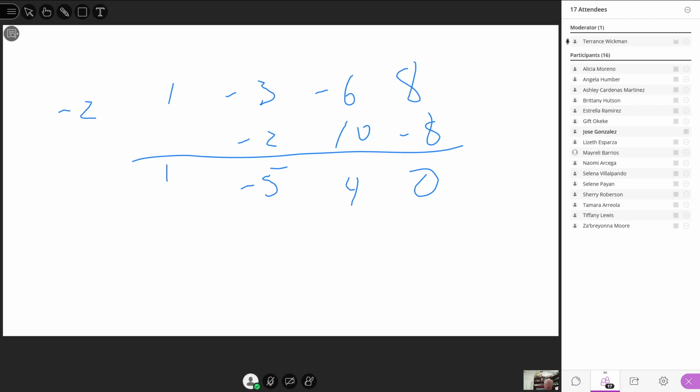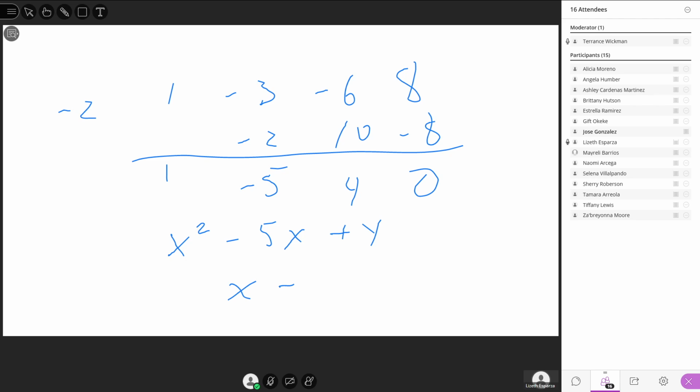Now that means then you have x squared minus 5x plus 4. And that factors to x minus... I would say be 4 times -1.